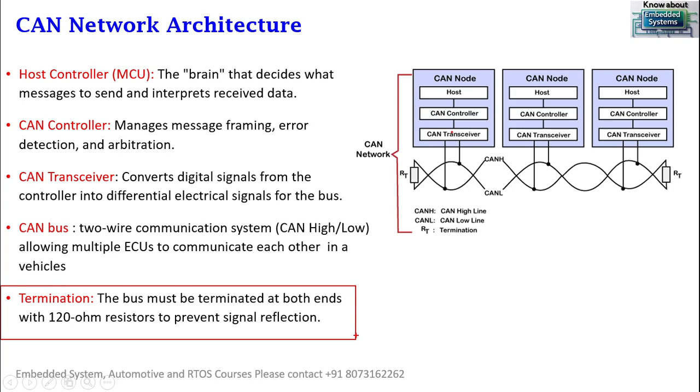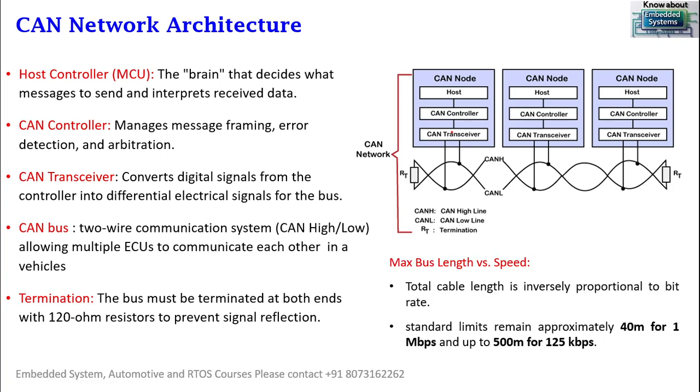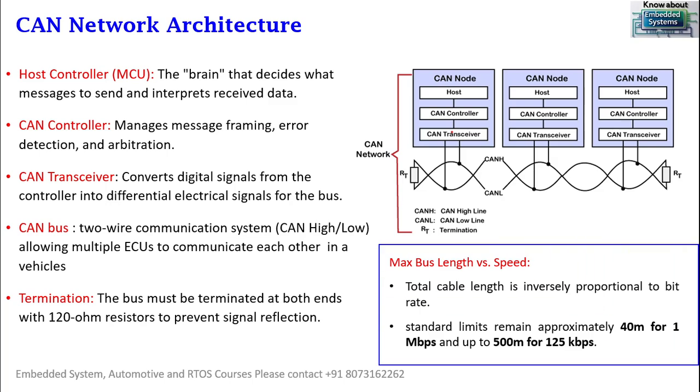One more last point I need to explain with respect to CAN architecture: the bus length and its speed. What would be the length of your CAN bus? This is also one of the important questions you can expect in the interview.